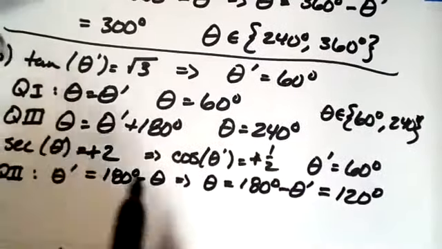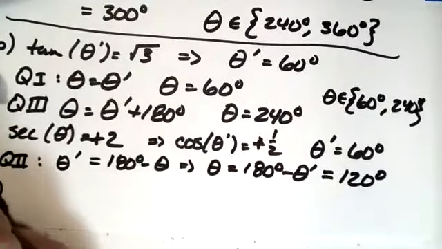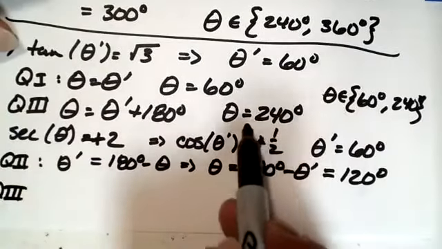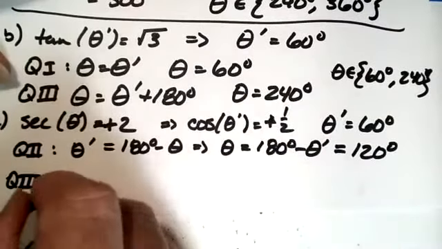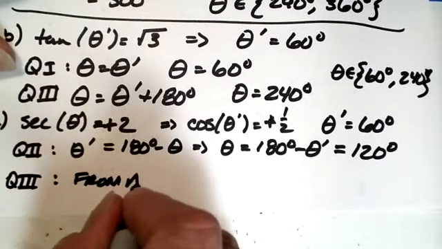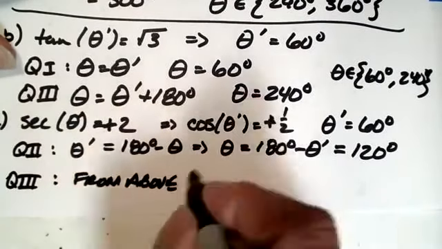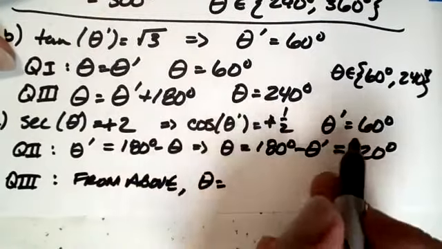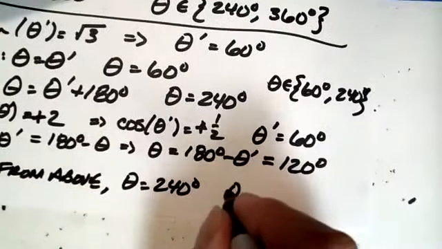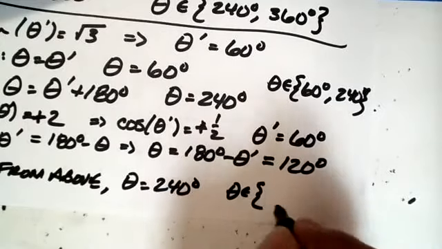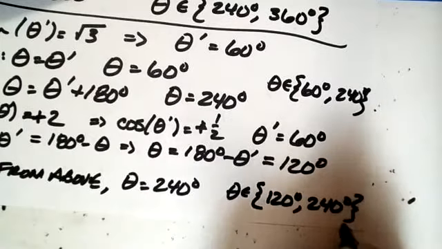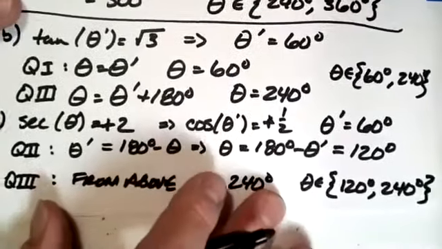And since we've already done this several times, quadrant 3 with a reference angle of 60 degrees is simply this 240 here. So from above, theta equals 240. So when we write the solution set, theta will be coming from the set that contains 120 and 240. And I think those solve the problems.